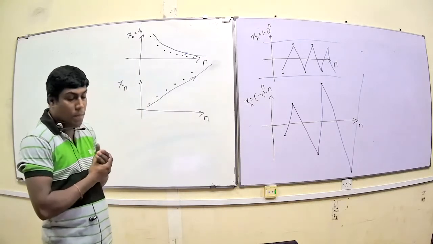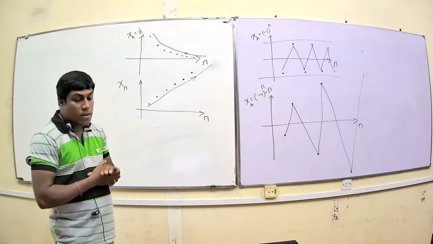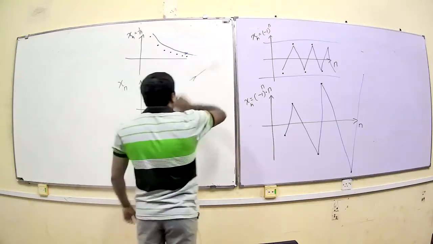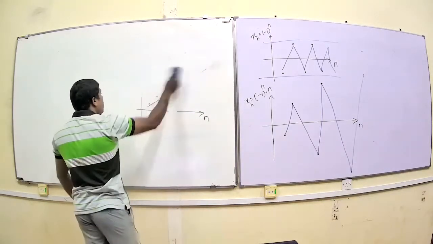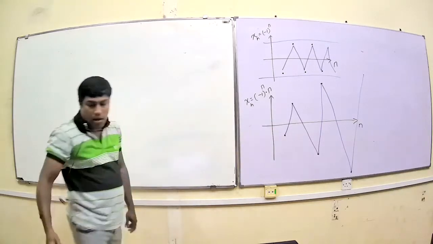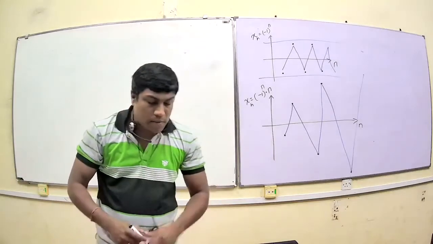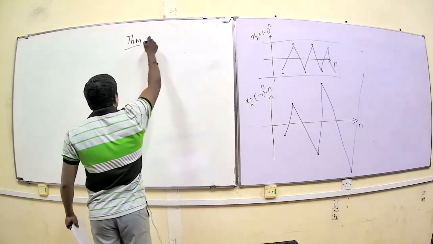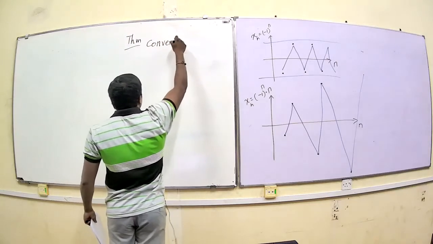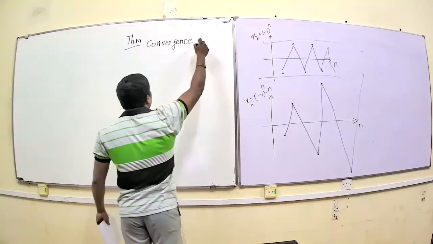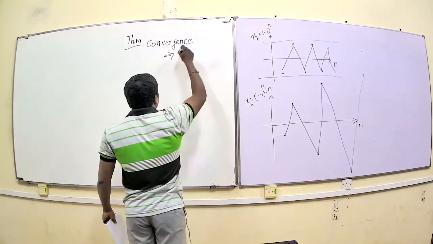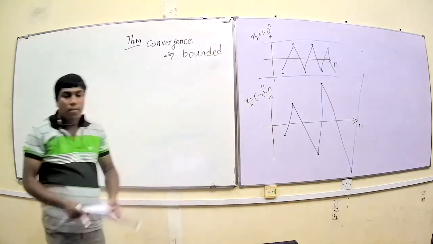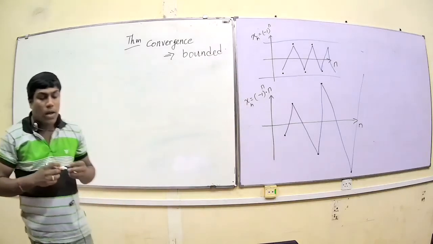Now we will start doing some theorems or problems related to this. The first of those theorems is that every convergent sequence is bounded. This is where the big and important theorems are going to come in, and I will just write the theorem. We are going to show that convergence implies bounded.